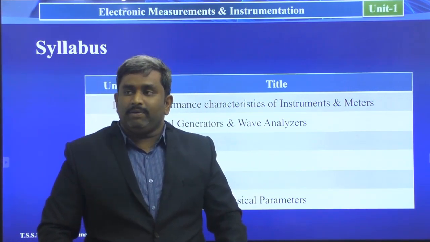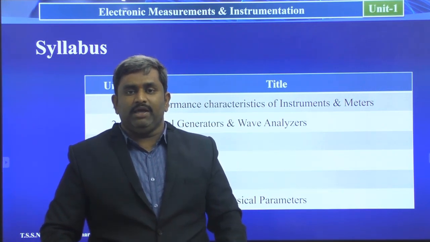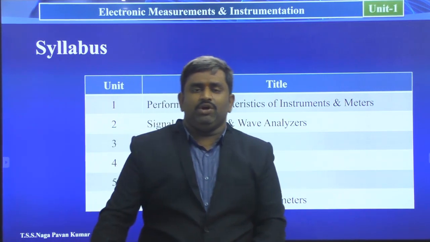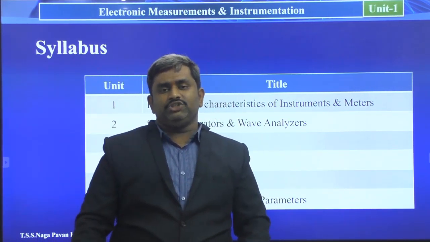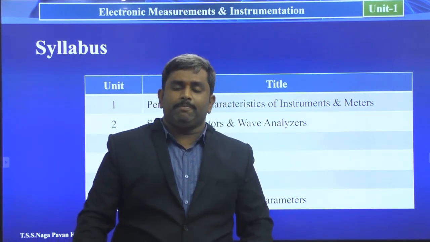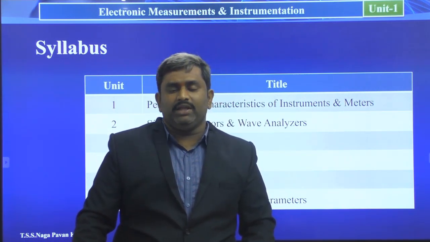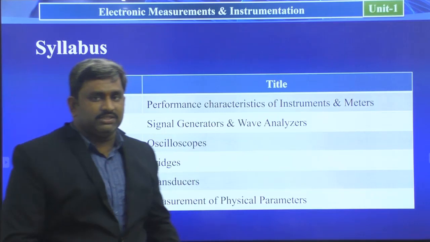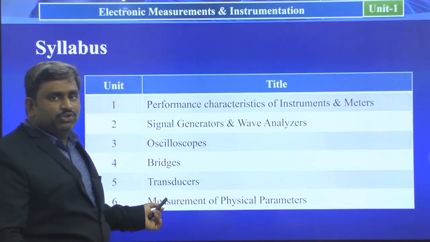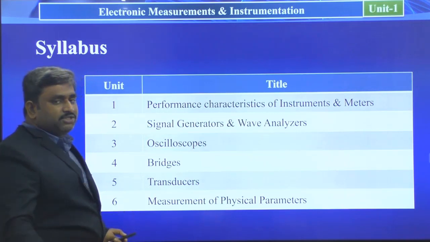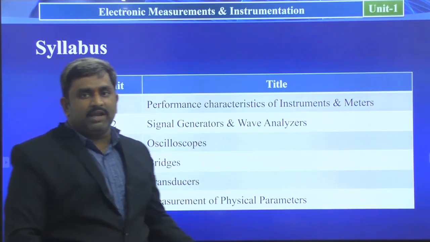If there is any human motion, how do we convert the motion into electrical signals? Many non-electrical quantities like temperature, pressure, velocity or force are converted with the help of transducers. We will see different types of transducers and their working in the 5th chapter. And coming to the last, 6th chapter, measurement of physical parameters.